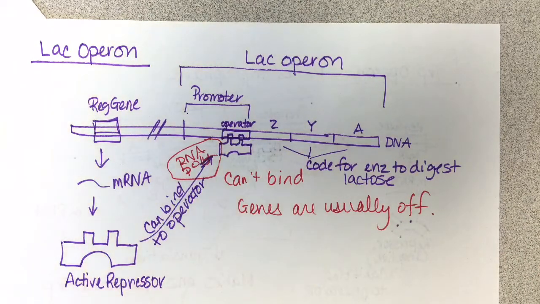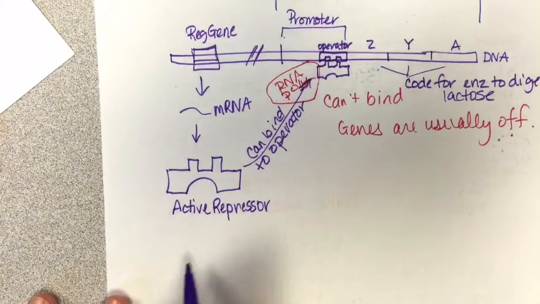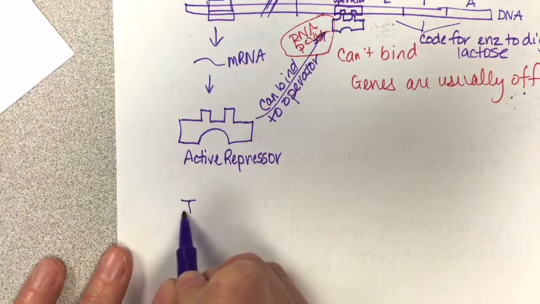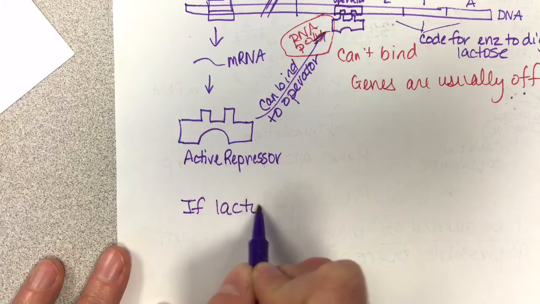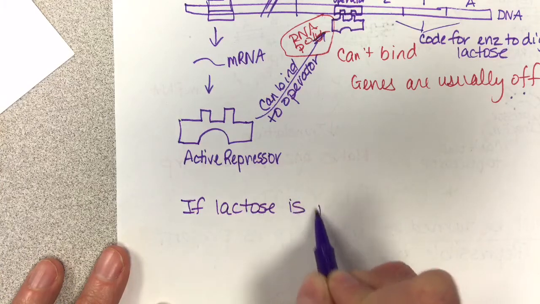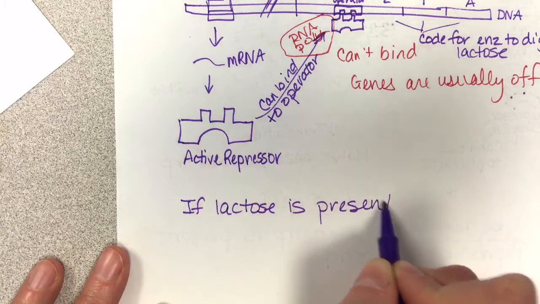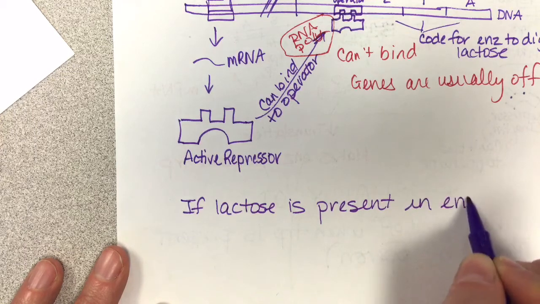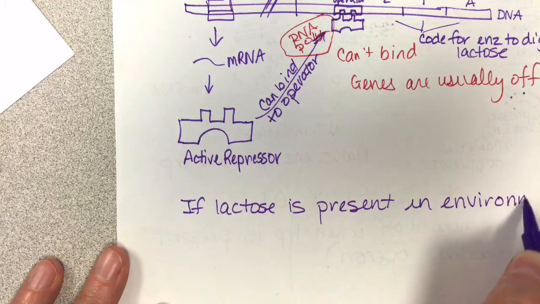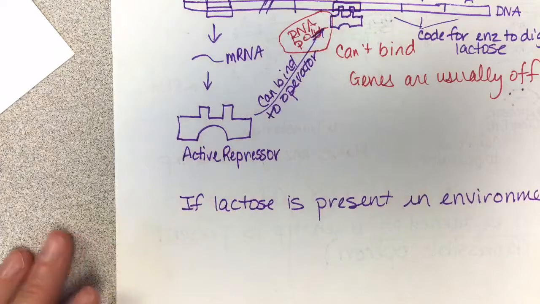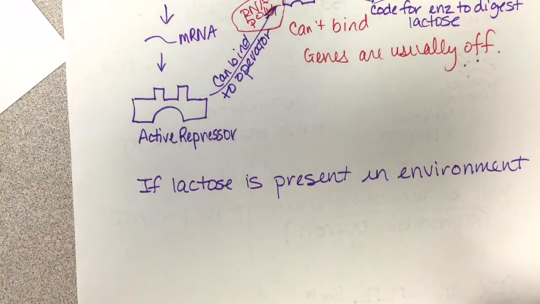So then if the bacteria's environment changes and lactose is present in the environment, then what happens?